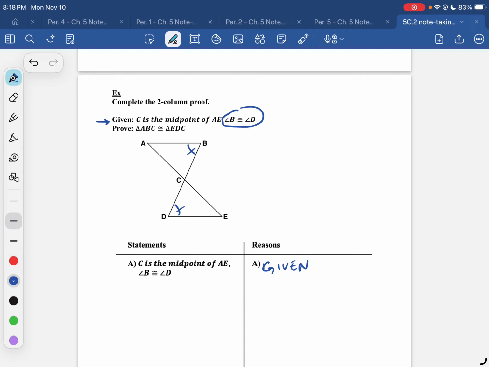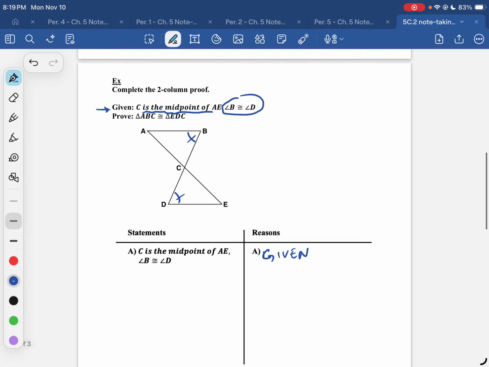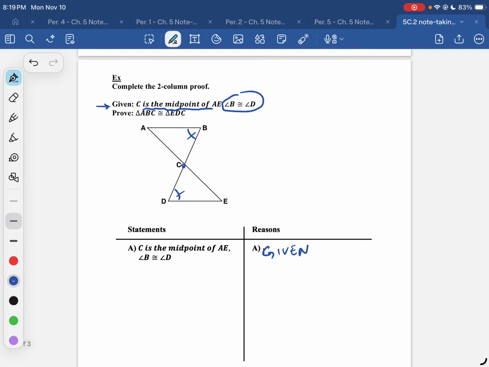It also says that C is the midpoint of AE. Well, here's point C, and it's the midpoint of this line. It's not necessarily the midpoint of BD, it doesn't say that, but C is the midpoint of AE, which means in essence that it is going to cut that segment in half.